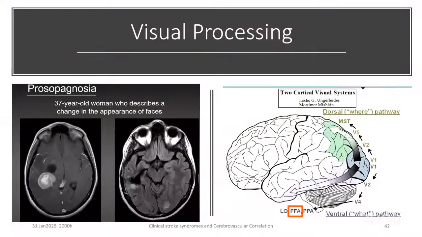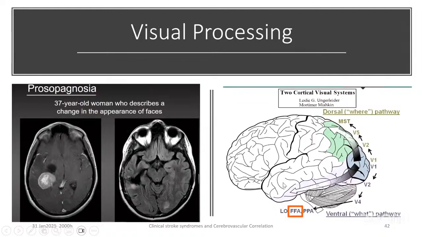Then sometimes you have to recognize faces, and failure to look at a face and name it is called prosopagnosia. This happens because the facial area, the fusiform gyrus, gets involved, which is in the What pathway from the calcarine cortex to the temporal lobe.